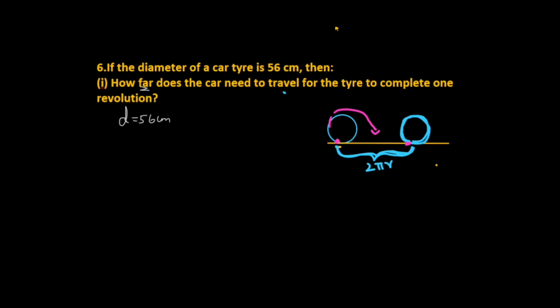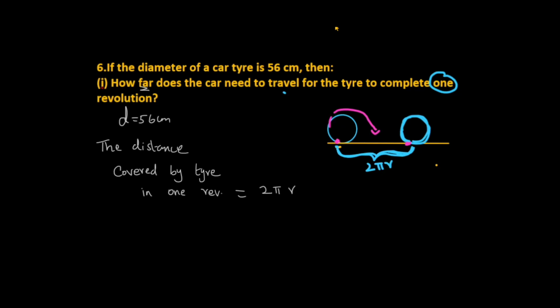So how far does the car need to travel for the tire to complete one revolution? Only one revolution. So the distance covered by the tire in one revolution is nothing but 2 pi r.